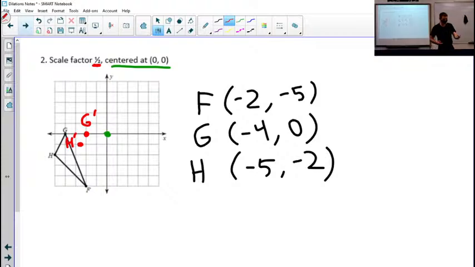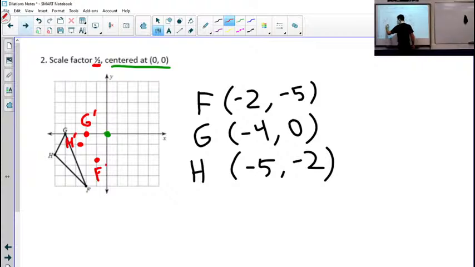And then to turn F into F prime, we're going to count our distance. 1, 2 to the left, and 1, 2, 3, 4, 5 down. So instead of 2 to the left and 5 down, let's cut that in half. Instead of going 2 to the left, we go 1 to the left. Instead of going 5 down, we go 2.5 down.